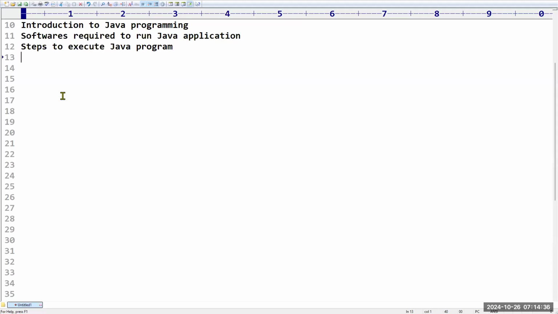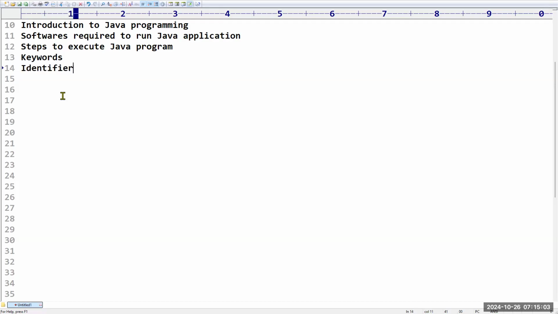Next, where we have to save, how to compile, how to execute; those steps we are going to discuss here. Next, what are the keywords present in the language? In every language, there are some words which are already defined. Those are called keywords. What are the keywords that exist, and how do we use those keywords?